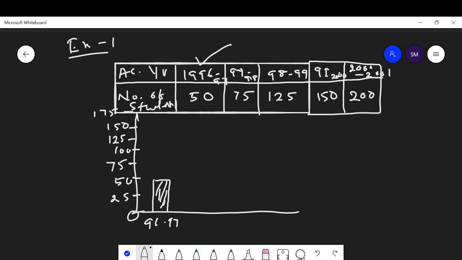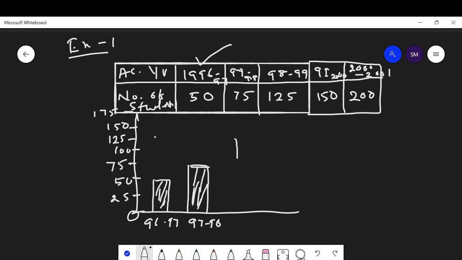How many students in 97 to 98? 75 students. This bar shows 97 to 98. Then next we show 98 to 99. How many students during this?